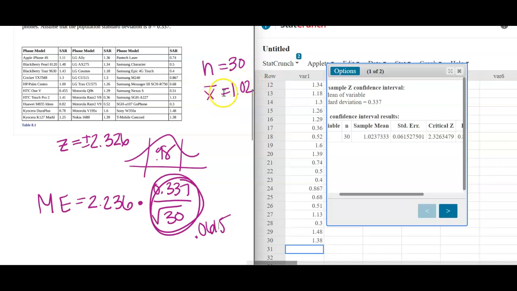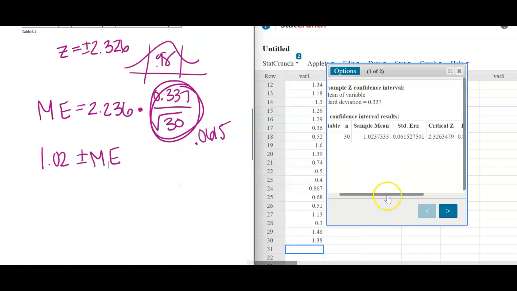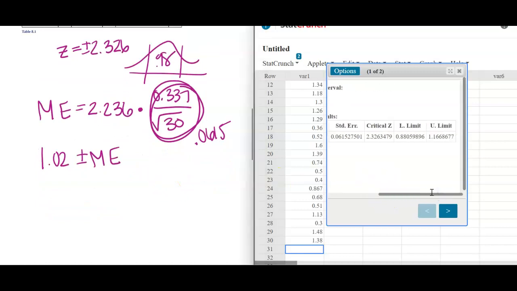If I take this sample mean and I add and subtract that margin of error calculation that I get here, the result is the interval 0.881 to 1.167.